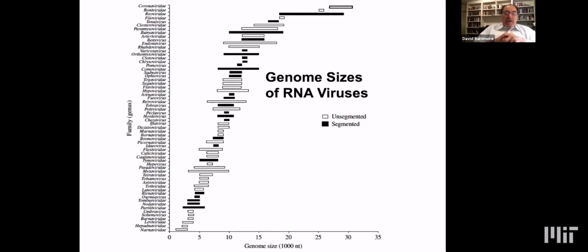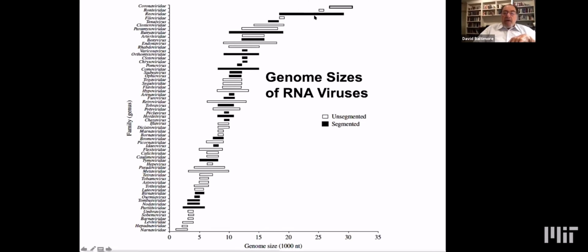Now, what are the sizes of RNA viruses? Well, here's a whole lot of them. You can't read their names, but it doesn't matter. Shown getting larger and larger and larger as we go from one class of viruses to another until they reach the end. And actually the end is right here, where the largest of viral genomes can be found.